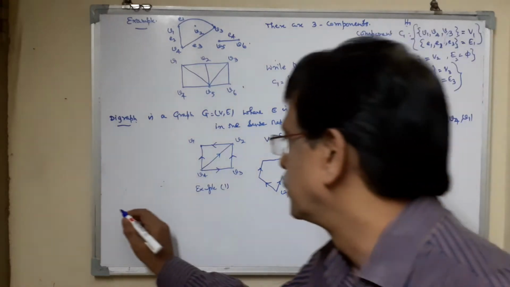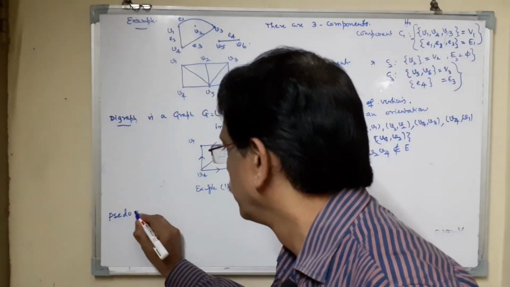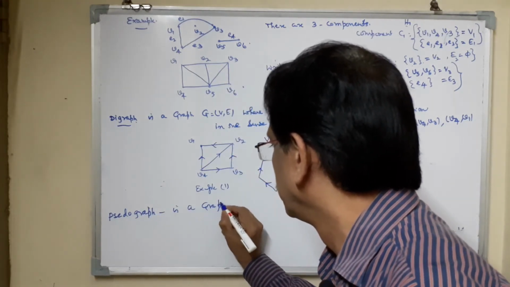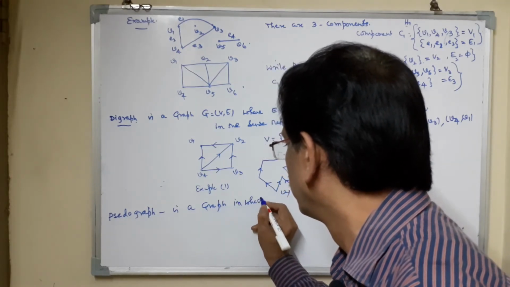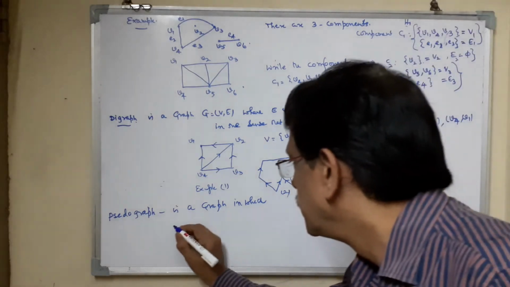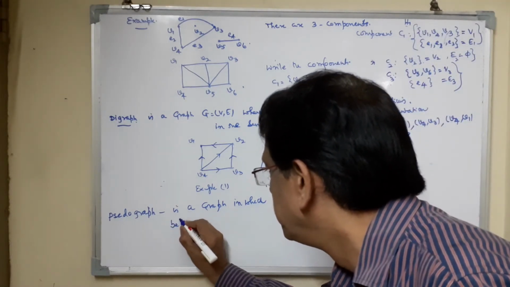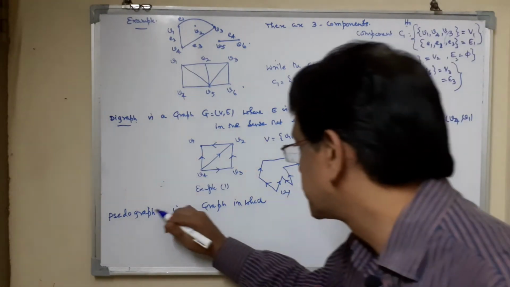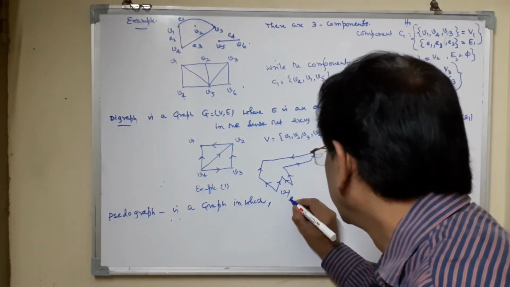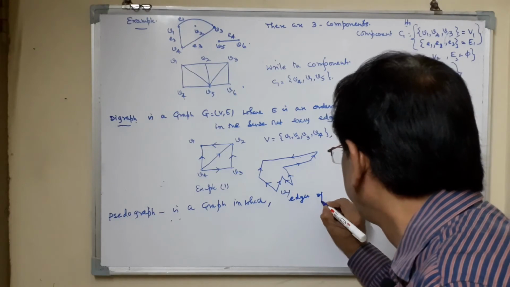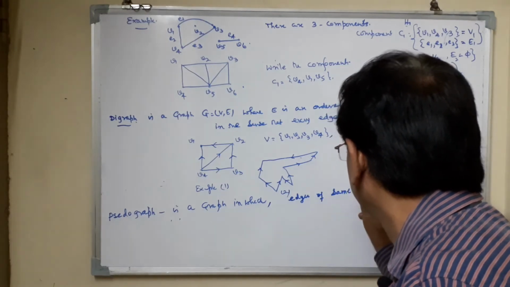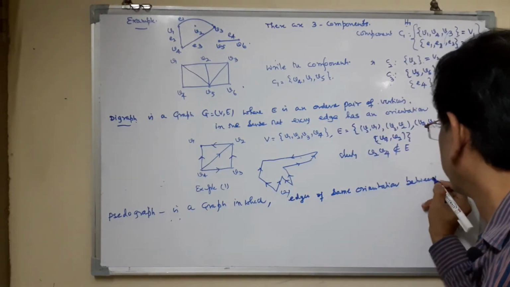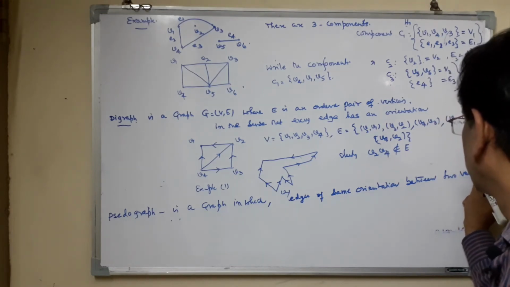Now, what is a pseudograph? A pseudograph is a graph in which multiple edges of the same orientation between two vertices are allowed.